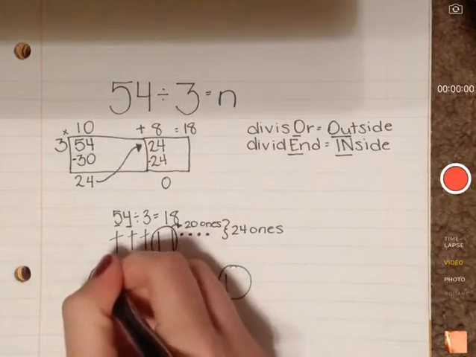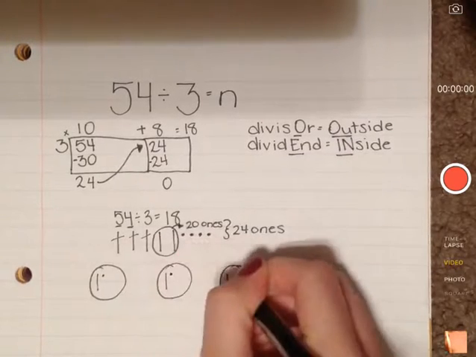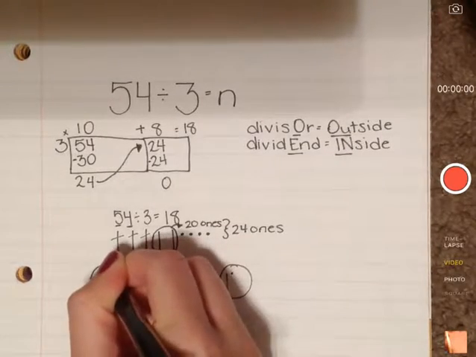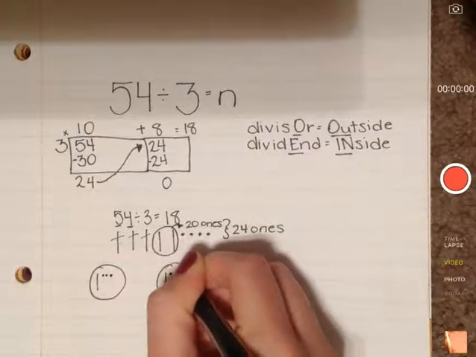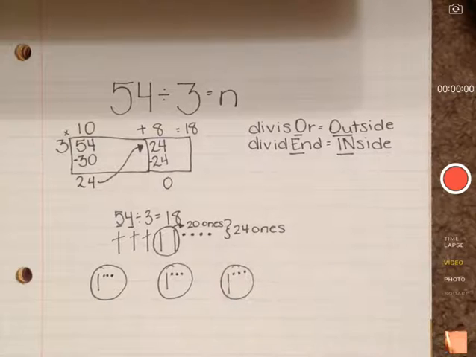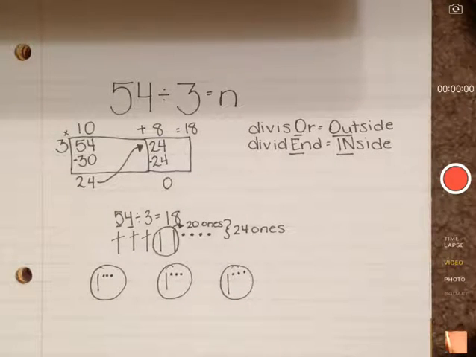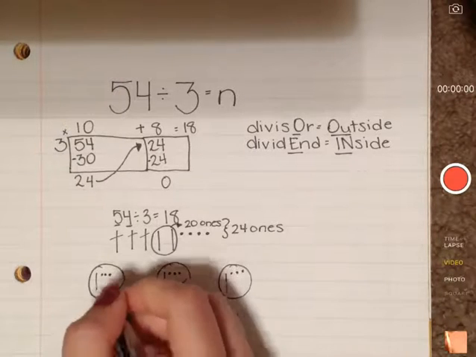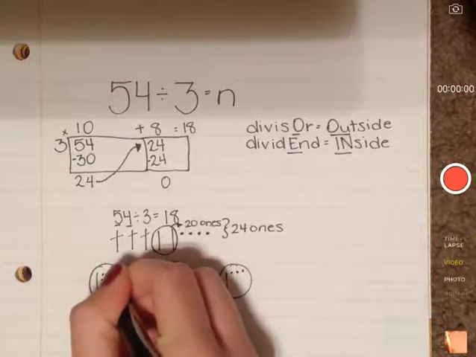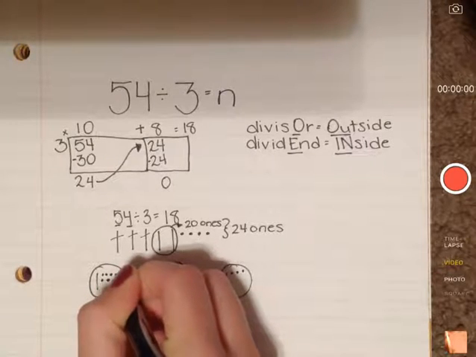You could say 1, 2, 3, 4, 5, 6, 7, 8, 9, and you would do that all the way up to 24. However, we do know our multiplication facts. We do know that 3 times 8 is 24. So we know that each group is going to get 8.